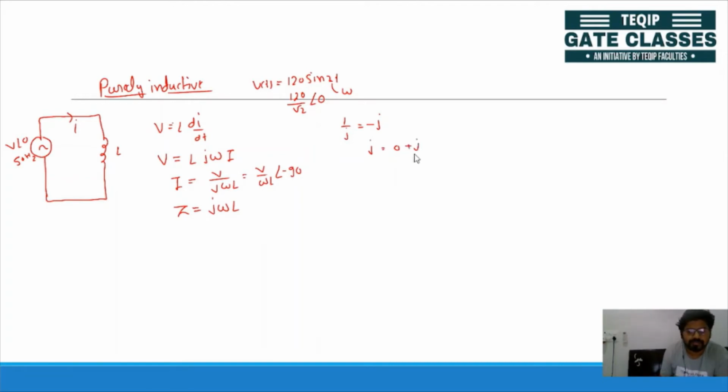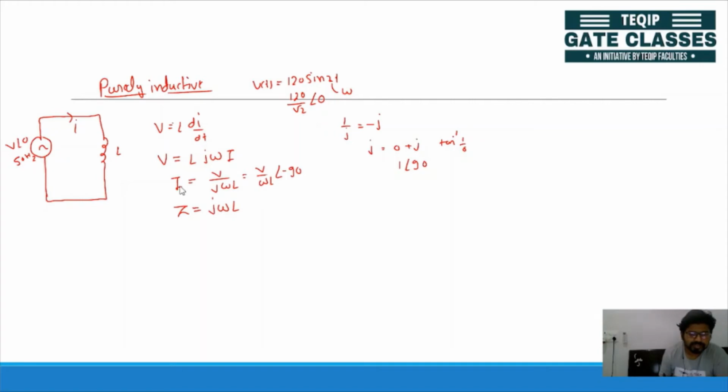Converting to polar form, the magnitude will be the square root of 0 plus 1, which is 1, and the angle will be tan inverse of 1 by 0, tan inverse of infinity, that is 90. So if you have j, you can write it as 1 angle 90, and if you have minus j, you can write it as 1 angle minus 90.